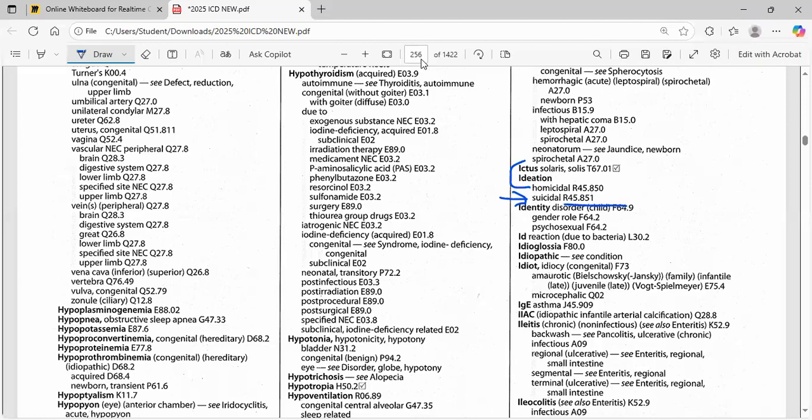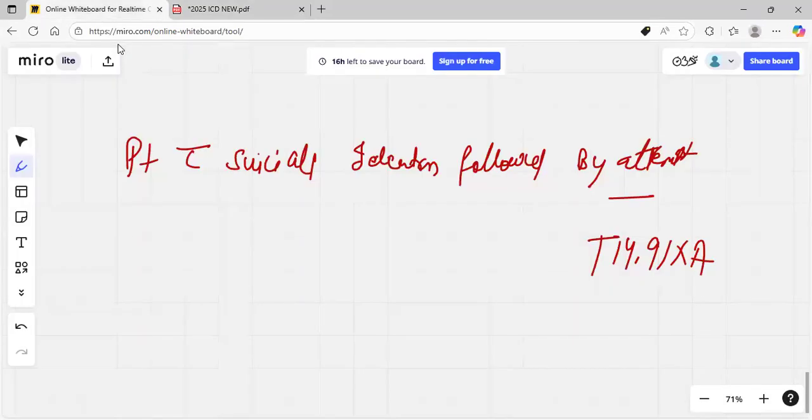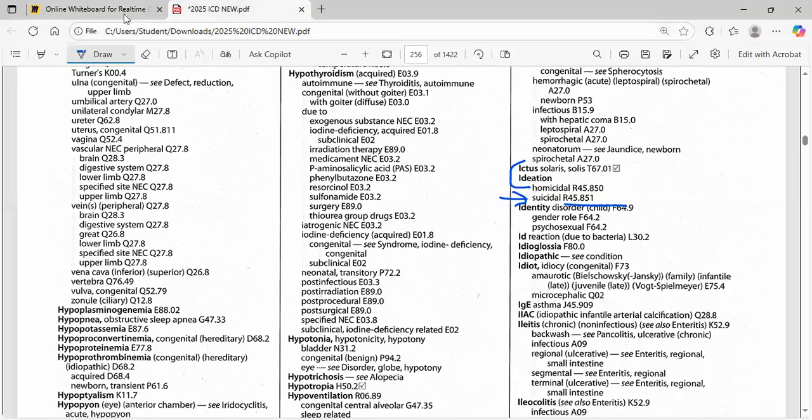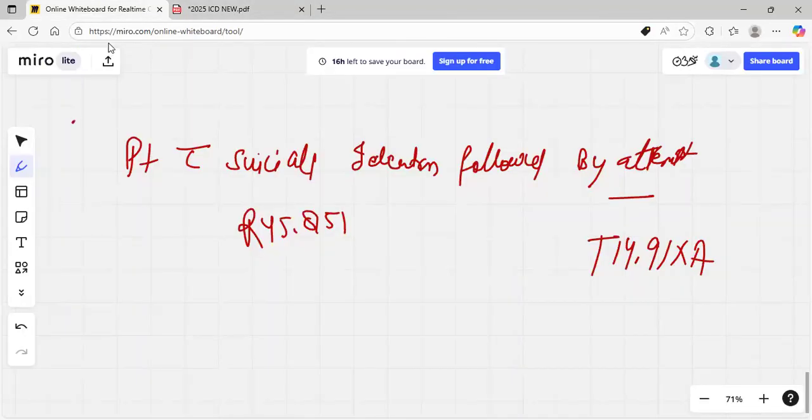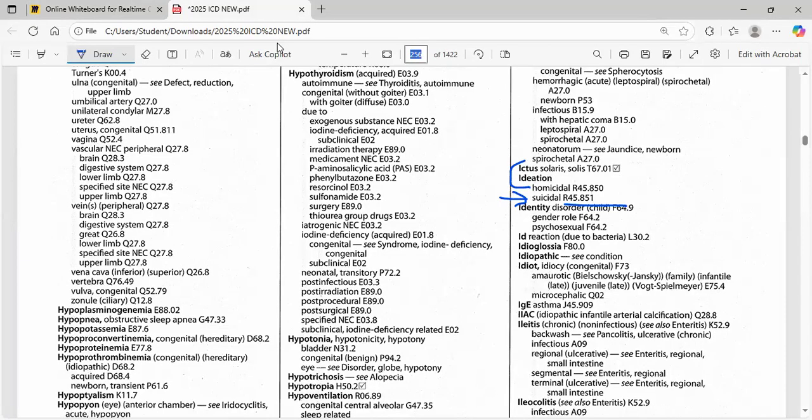Code is R45.851. So now we have found two codes, R45.851 and T14.91. Now remember, ICD coding is a two-step process. First, you have to locate the code, then you have to verify and apply the guideline. So we have to pull these codes in the tabular.